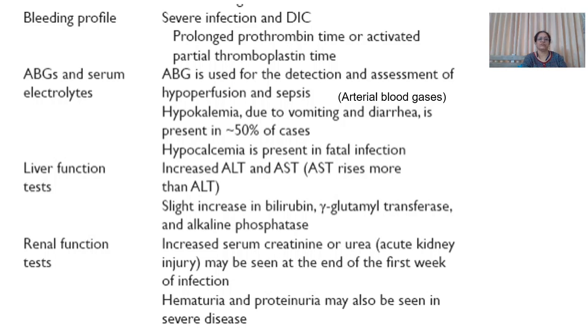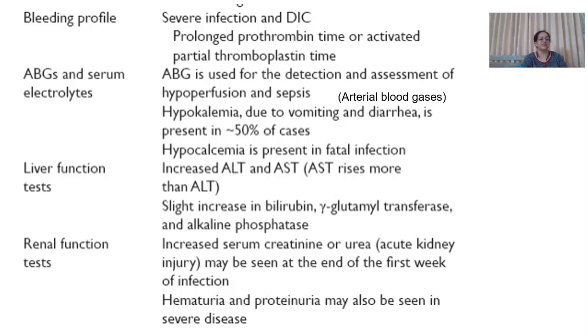And as you know, the metabolic end product of hemoglobin metabolism is bilirubin, level of which increases. Then there is an increased level of alkaline phosphatase as well as glutamate transferases. So that one is also checked in Ebola laboratory diagnosis.